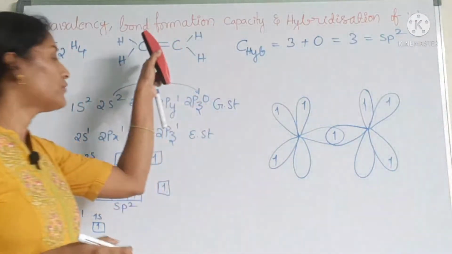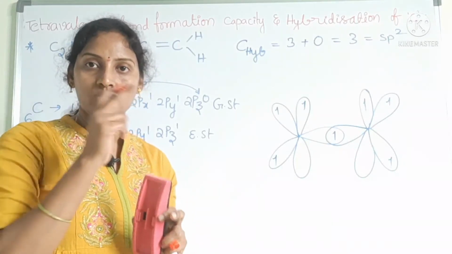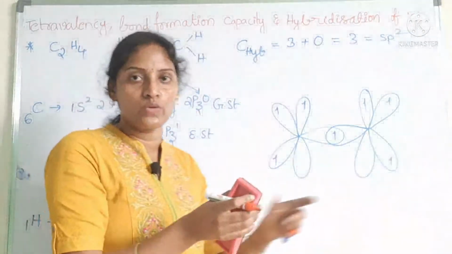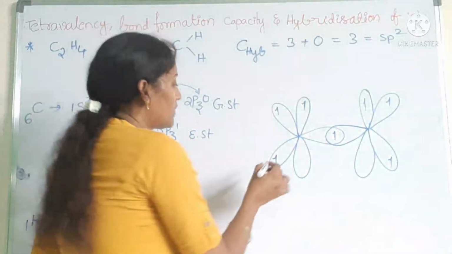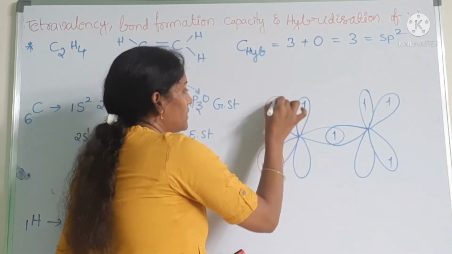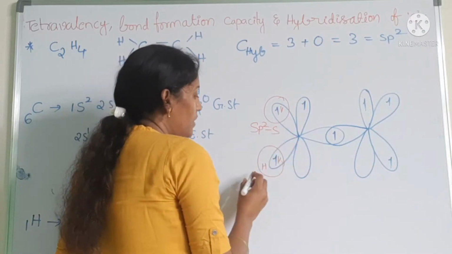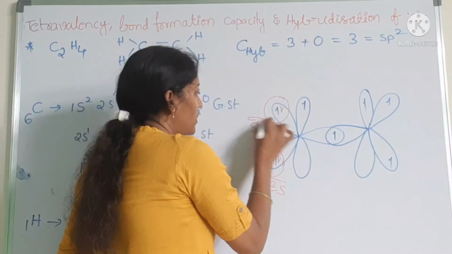Okay, see here, these 4 hydrogens are there. Out of 4, 2 hydrogens are going to be involved in bond formation with one carbon, and the remaining 2 will be involved with the other carbon atom. See, this is one hydrogen, this is another hydrogen. This is an sp2-s sigma bond. This is also an sp2-s sigma bond.